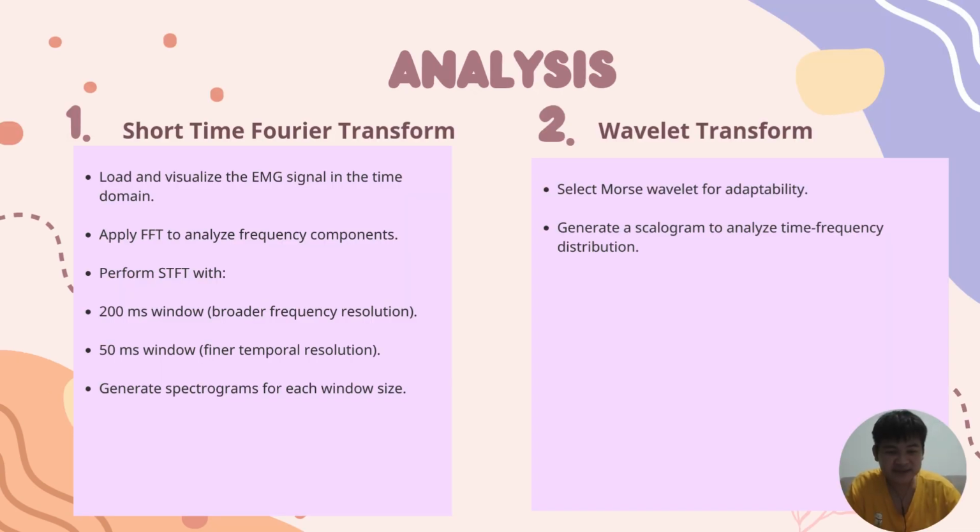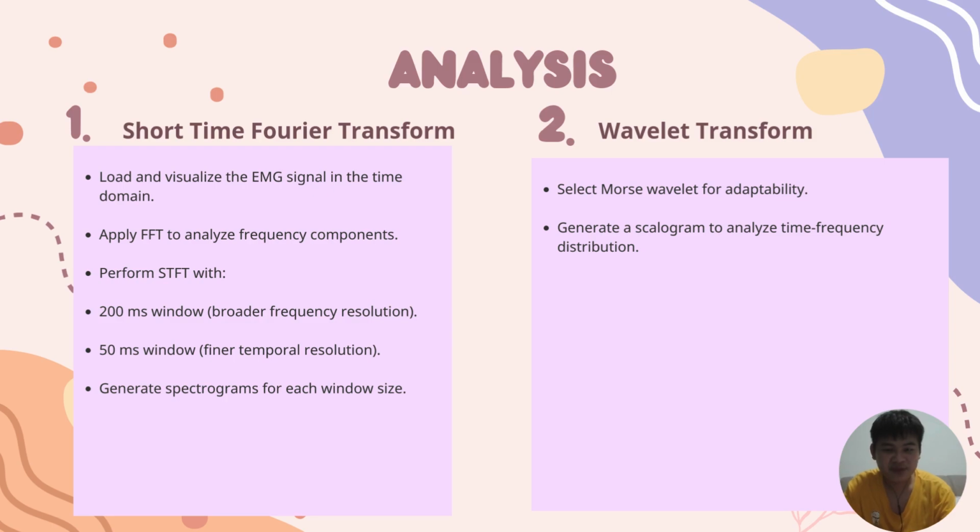Based on the analysis, we know that the Fourier transform was applied to observe the signal's frequency content, while the STFT and wavelet transform were used for time frequency analysis. The STFT divides the signal into overlapping windows, whereas the wavelet transform adapts its resolution for better transient detection.